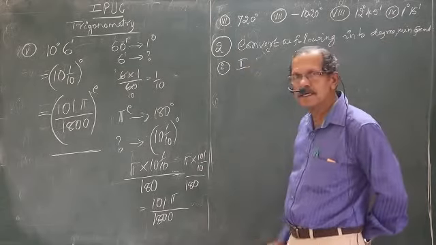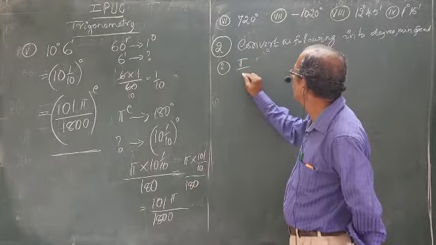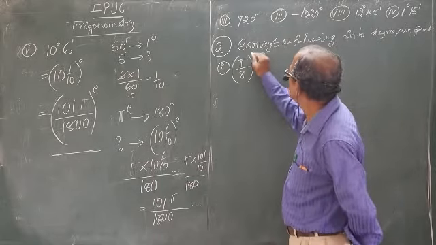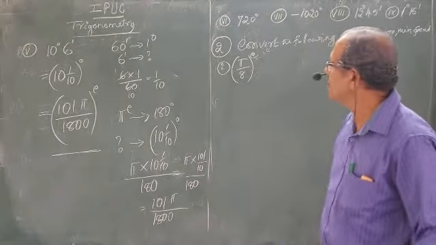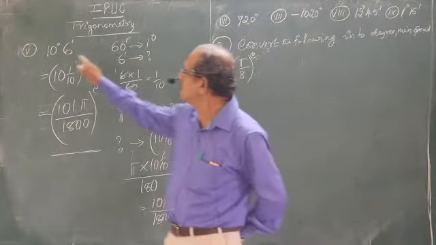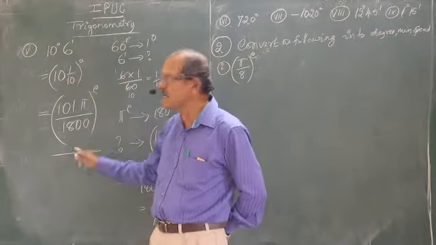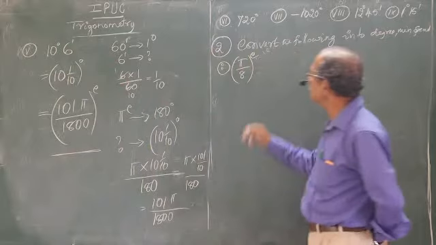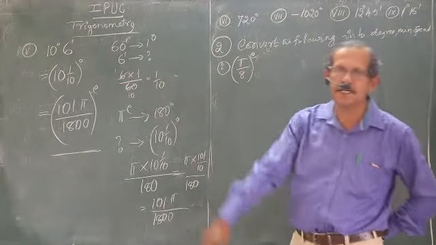Pi by 8 radian. Careful. So far I have given the angle in degree or degree minute. You have converted this angle into radian. Now the second question is, the angle is given in radian. Convert this one into degree or minute.